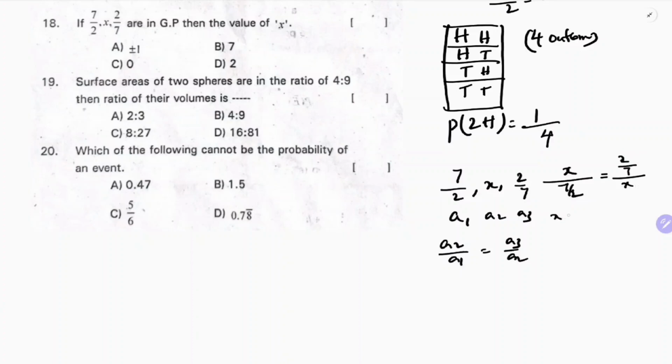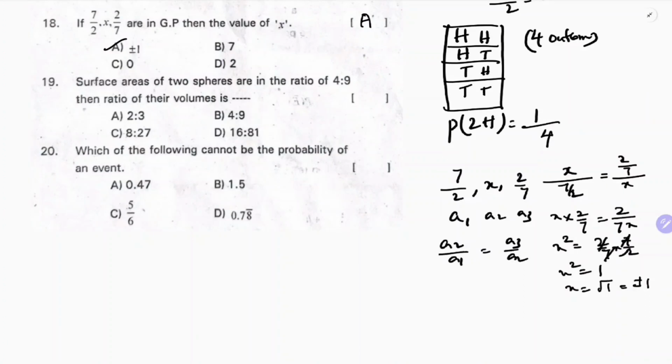Here you will get x into 2 by 7, and here 2 by 7 x. So if you cross multiply, x square equals 2 by 7 into 7 by 2. Everything cancels, you will get 1. So x equals root 1, which is plus or minus 1. So the correct option is A.